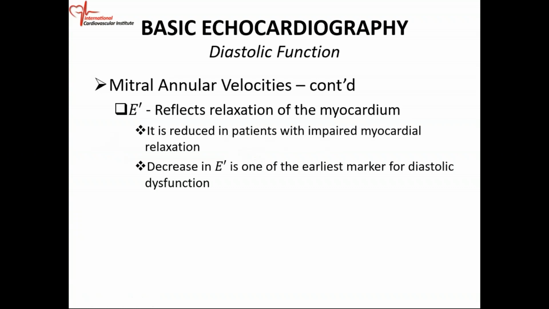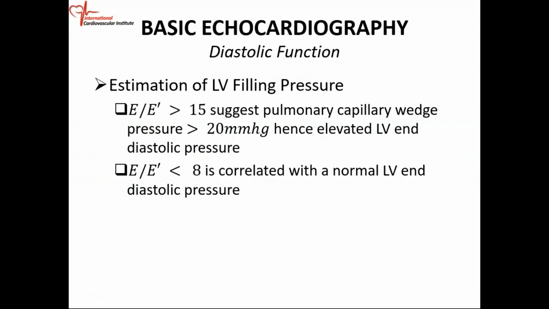So when a patient has diastolic dysfunction, the E prime is one of the earliest parameters to be affected. Okay, so a decrease in E prime is one of the earliest markers of diastolic dysfunction. Okay, it tells you that there's impairment in myocardial relaxation.